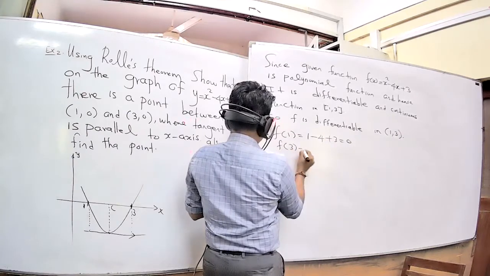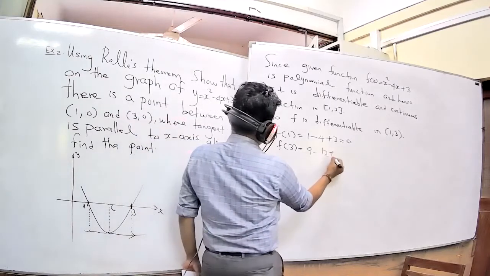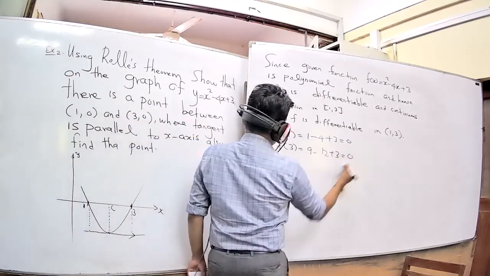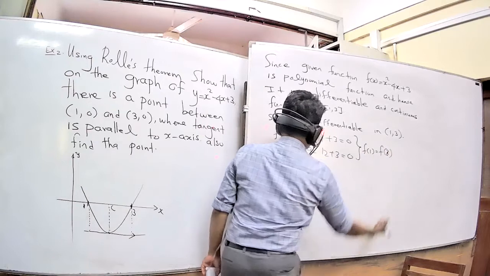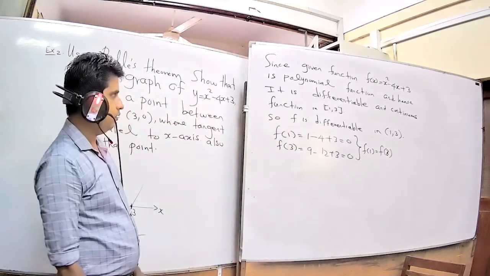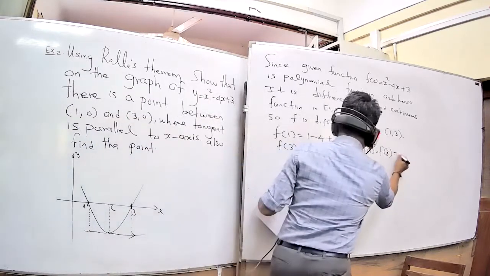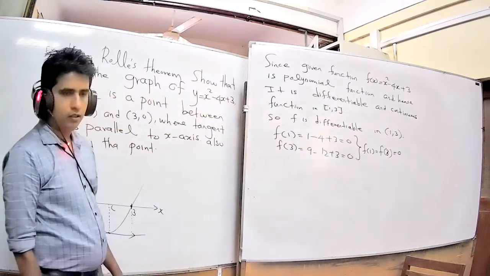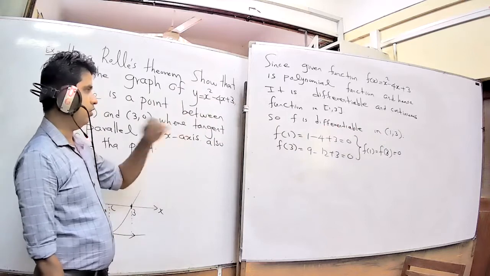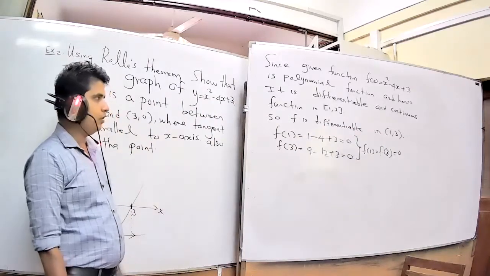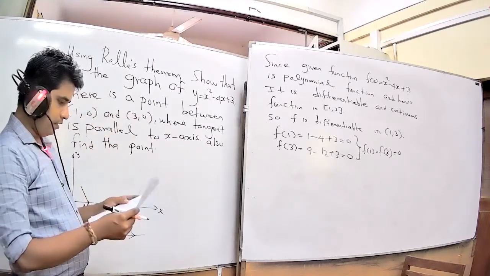F of 3 is 3 squared 9 minus 4 into 3, 12, plus 3, 9 minus 12 plus 3, which is 0. Both values are 0. If both are equal, it is enough. They don't need to be 0; for any values, if f of 1 equals f of 3, it's enough.